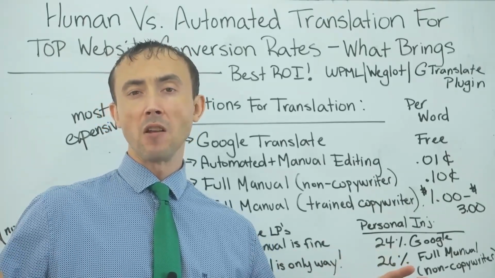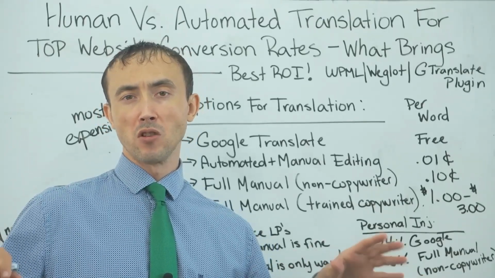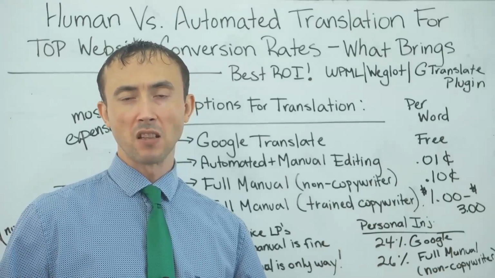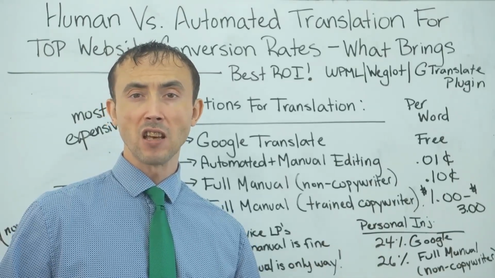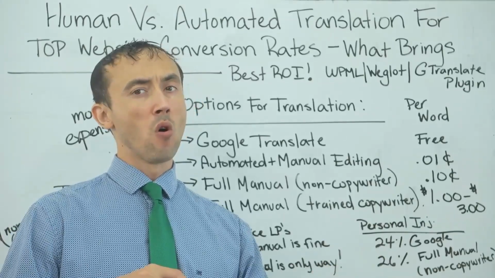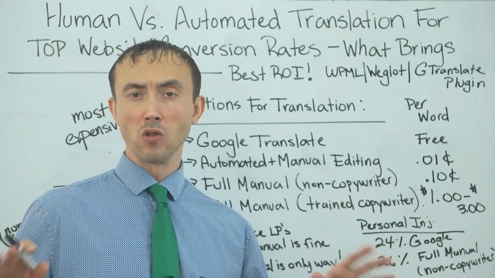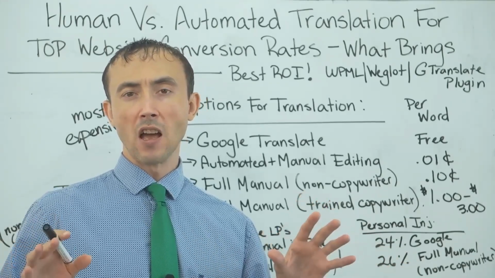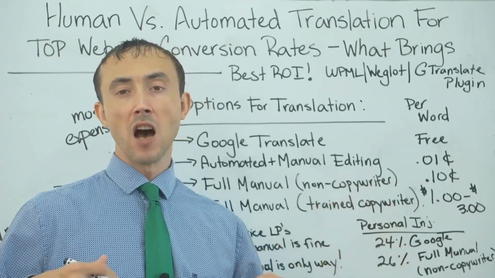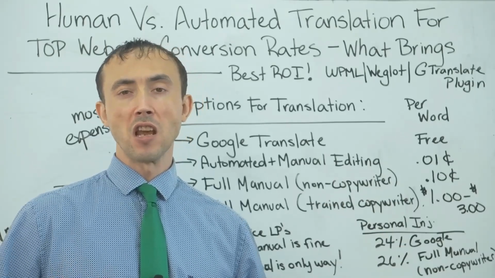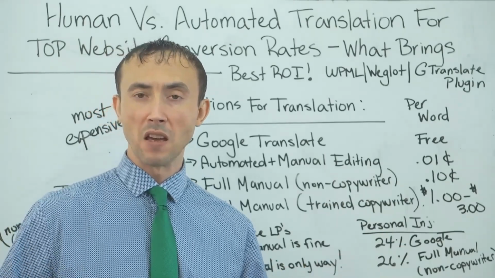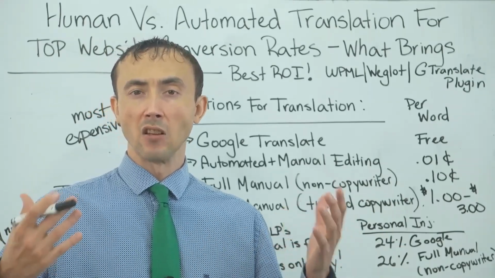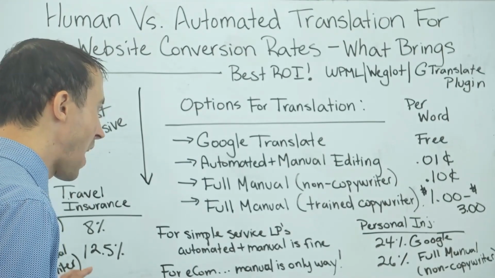So I want to put all that in a frame of reference in today's video so you understand where you should be in the mix if you're already considering translating the site into a few languages, or you just want to get more results out of your traffic and you already have your content translated. Upgrading the translation, you can understand how much of a profit gain you can make from your traffic just doing that alone. And with that said, I'll have some actual case studies.